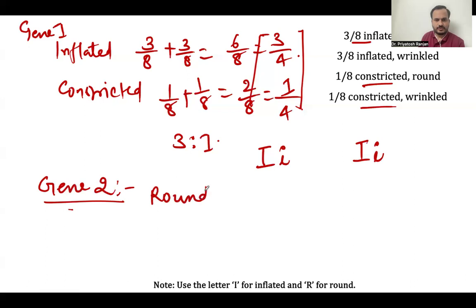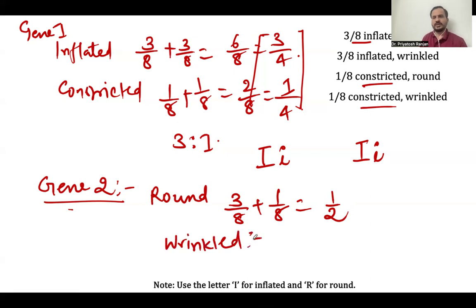The ratio of plants having round seeds is 3/8 plus 1/8, which is nothing but 4/8, and which eventually will become 1/2. How about the wrinkled one? If you see for the wrinkled one too, we have 3/8 coming from here and 1/8 coming from here, which again in this case is going to be 1/2.